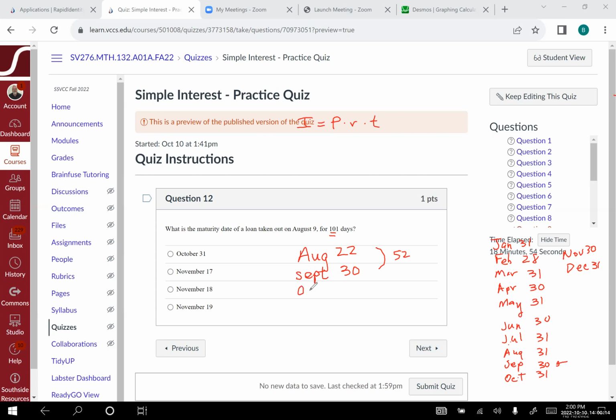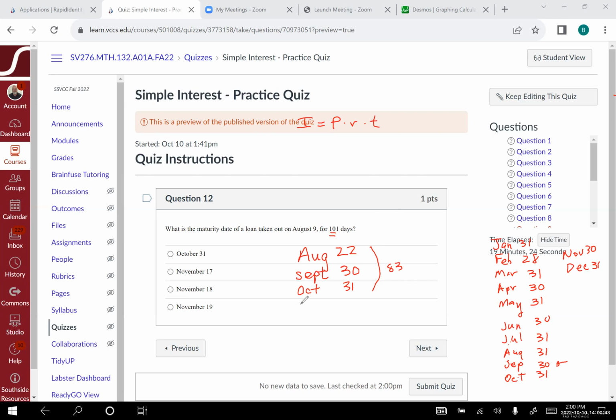October has how many days? 31. Thank you. So if we add these three up now, we're up to 83 days. So we're still not up to 101. We're trying to get to 101. How many more do we need? 18 more?